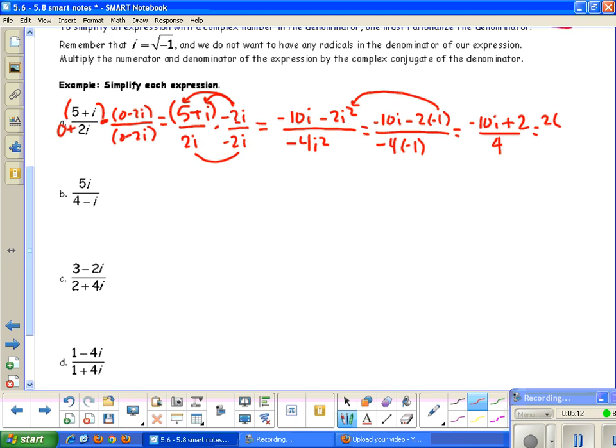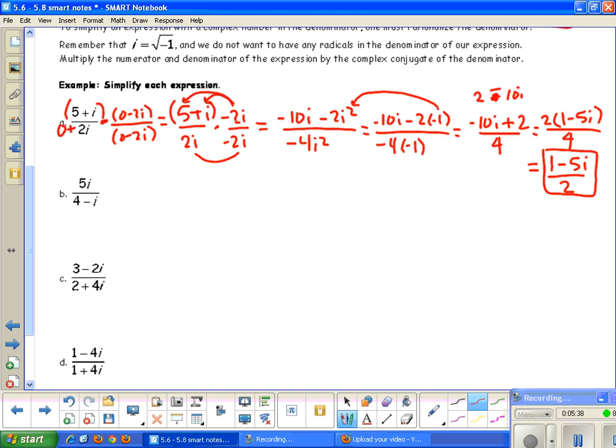So I'm going to do 2 minus 10i, and I'm going to factor out that 2. So I get 2 times 1 minus 5i over 4, which gives me 1 minus 5i over 2. And there's no i's in my denominator, so therefore there's no radicals in my denominator.